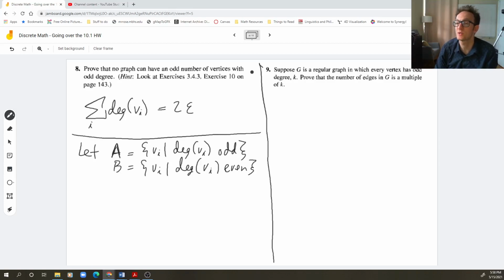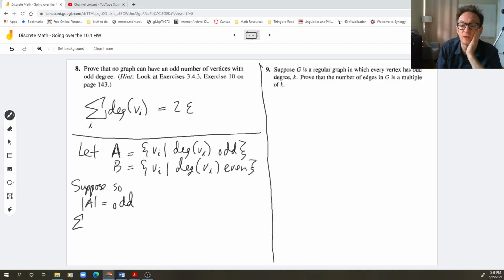Well, what are we supposed to be doing now? Prove that no graph can have an odd number of vertices with odd degree. So suppose that there is a graph with an odd number of vertices of odd degree. In other words, what we're supposing is that the size of this set A is itself odd. But then we do the following.